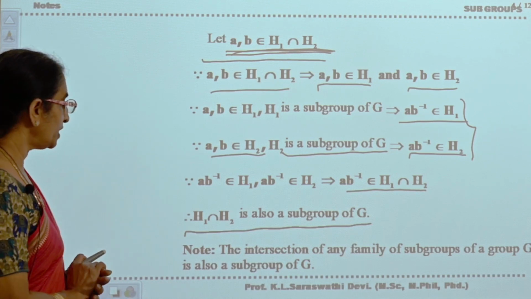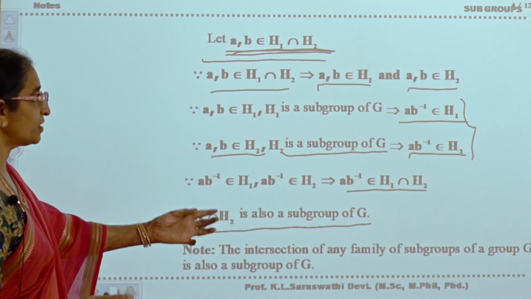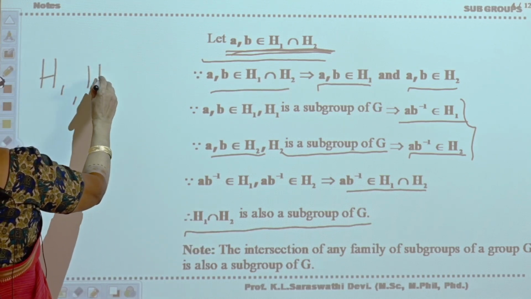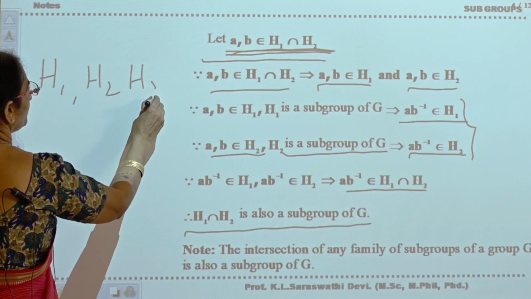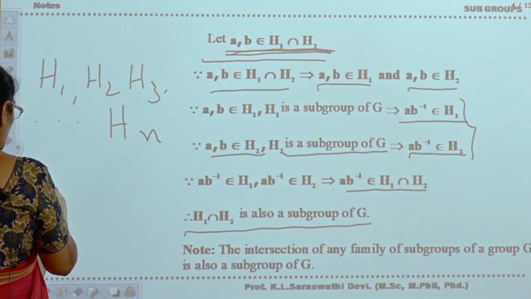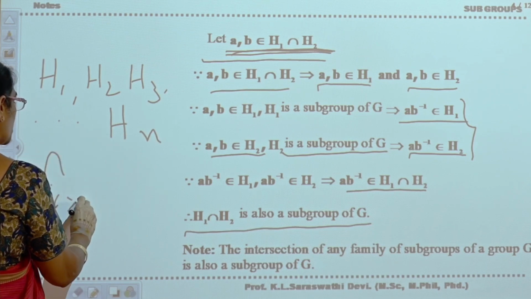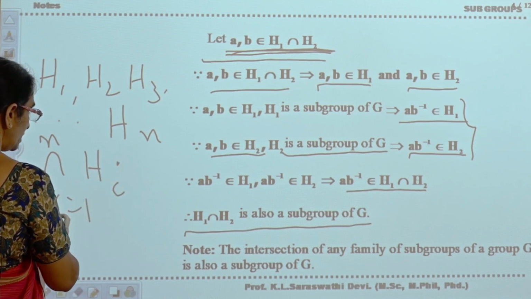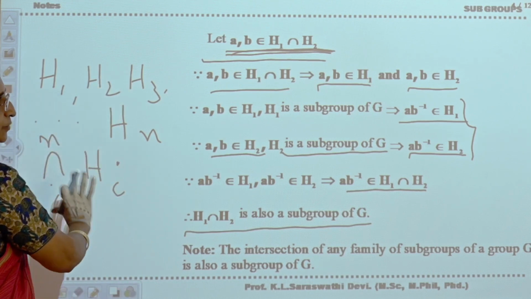Okay. Now, here we took two subgroups. Suppose I take a family of subgroups H1, H2, H3 and so on up to Hn. Then the intersection over i equal to 1 to n of Hi is the intersection of the family of subgroups.